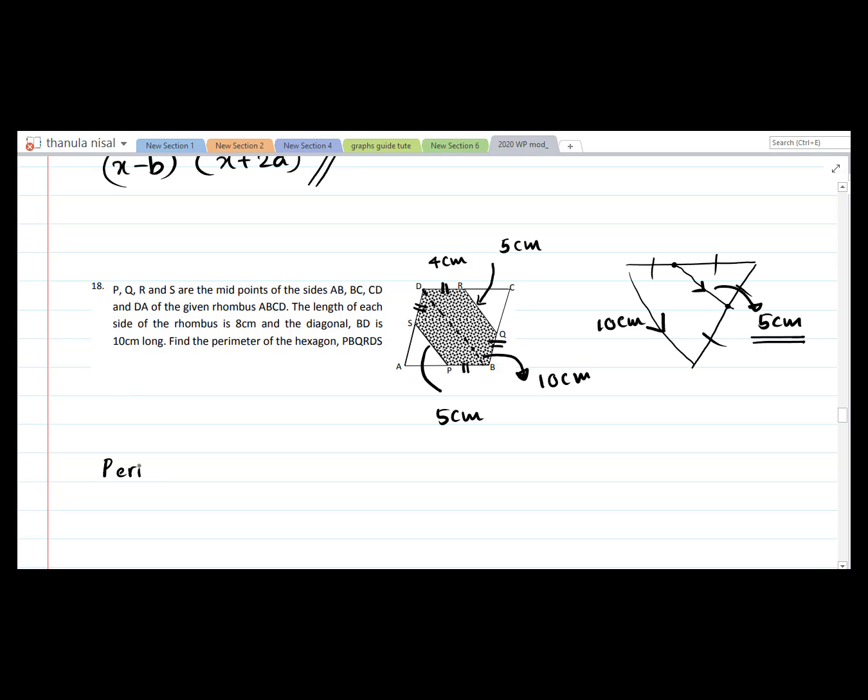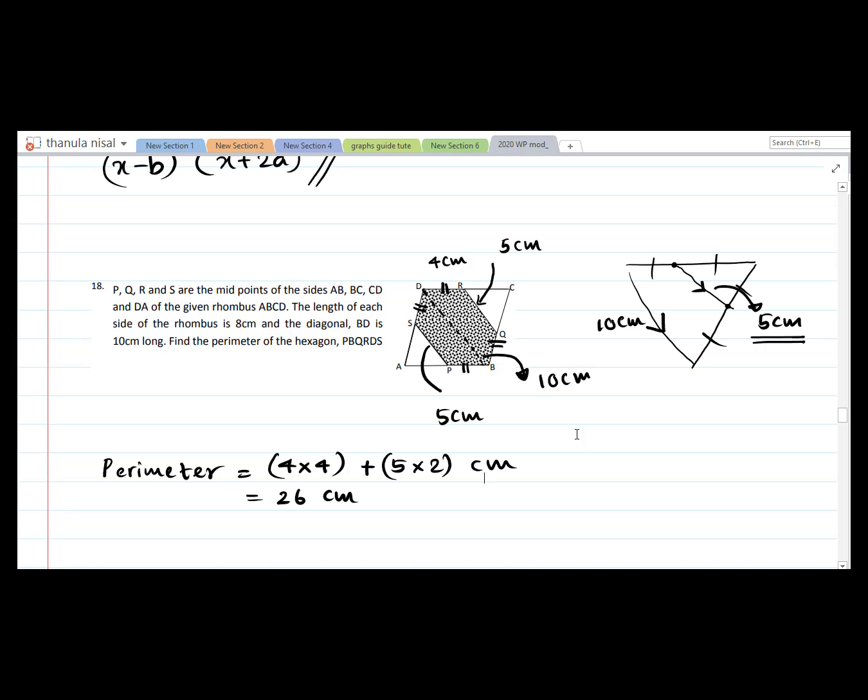Therefore, perimeter is how many lengths of 4 centimeters? 1, 2, 3, 4. Therefore, I'll multiply 4 by 4. Just add 5 times 2. Then the answer is 26 centimeters.